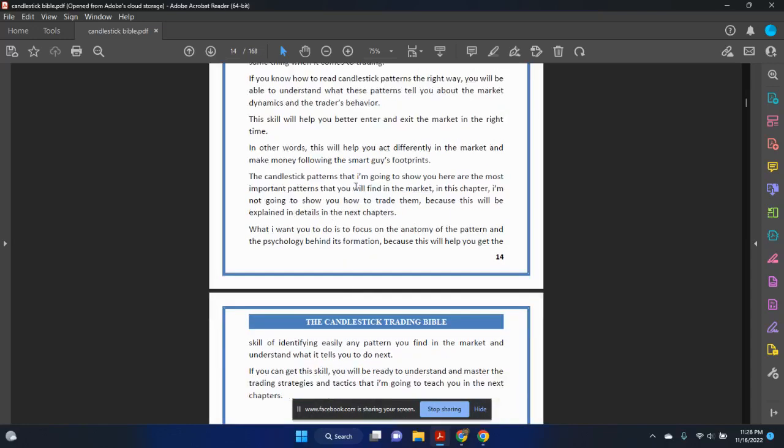The candlestick patterns that I'm going to show you here are the most important patterns that you will find in the market. In this chapter, I'm not going to show how you trade them, because this will be explained in detail in the next chapters.